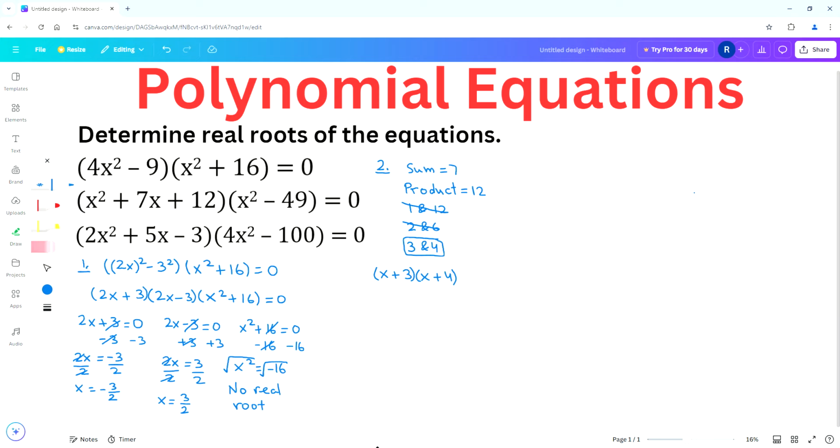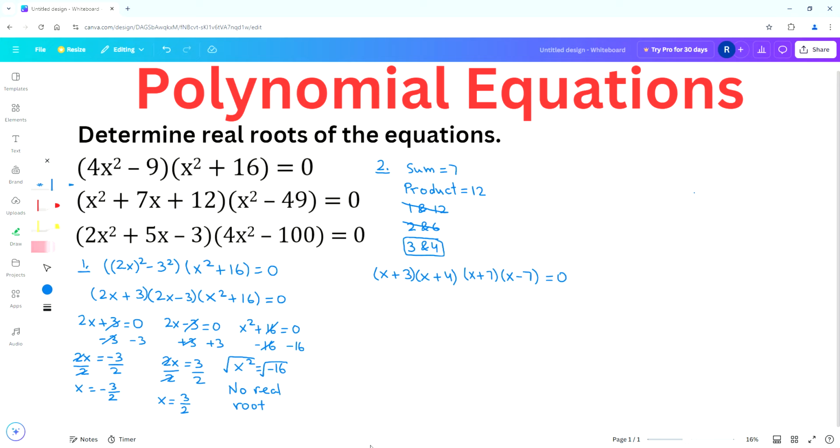Square root of 49 is 7, so x squared minus 49 can be written in factored form as x plus 7 times x minus 7. So this is the fully factored form of the given equation. Now we can analyze each of these four factors to find the real roots.